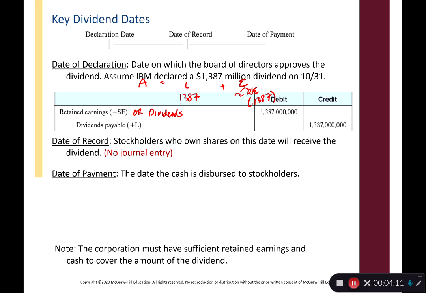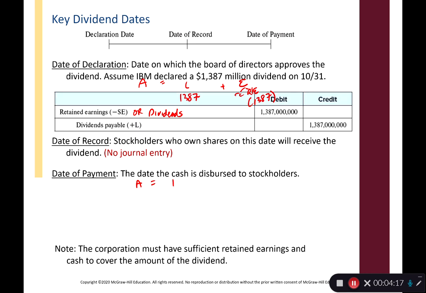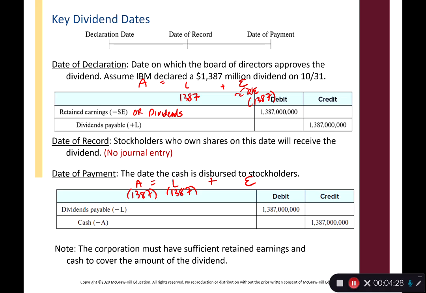On the date of payment, all that happens is our liability goes away and our cash goes away. So when they pay it, our liability is going to go down by the 1387 and our cash is going to go down by the 1387. So to make that happen, we debit the liability and we credit cash. So on the payment date, notice equity isn't impacted at all.